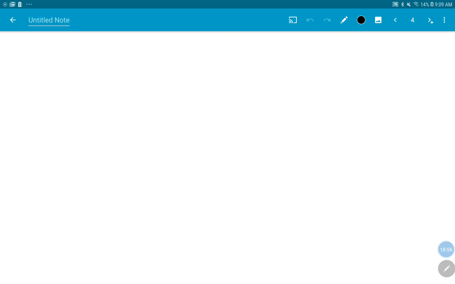So now we're going to do one more thing, and we're going to see if we can come up with a missing side. So I'm going to draw a rectangle here.